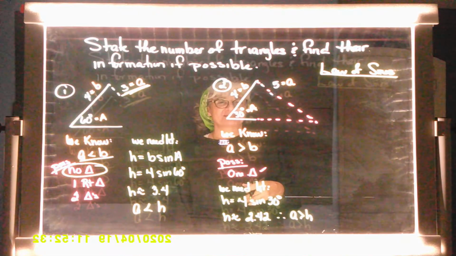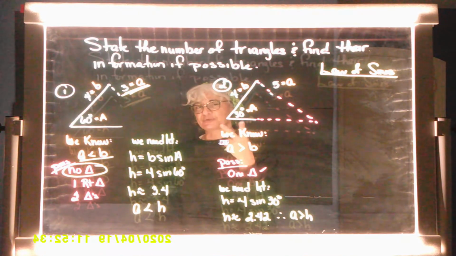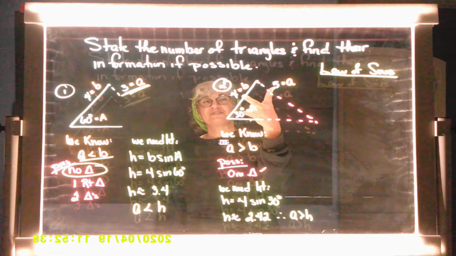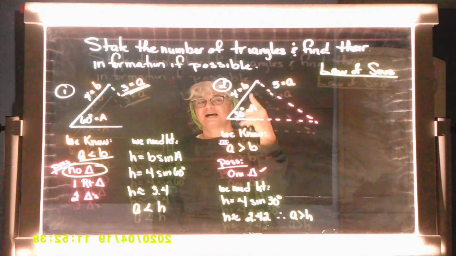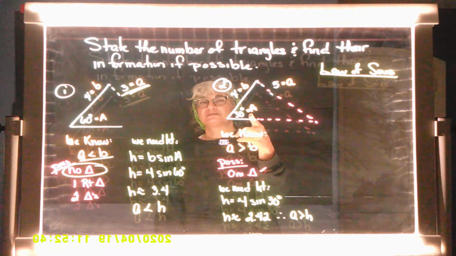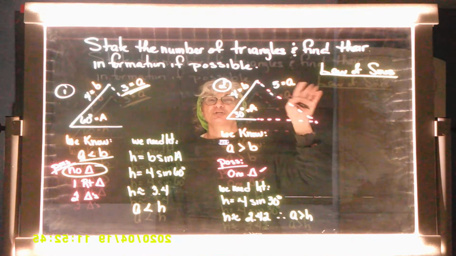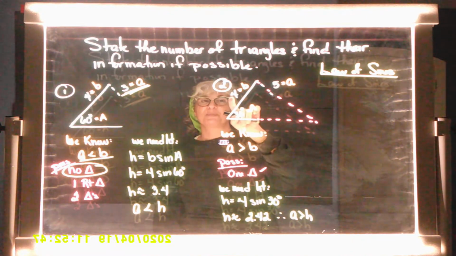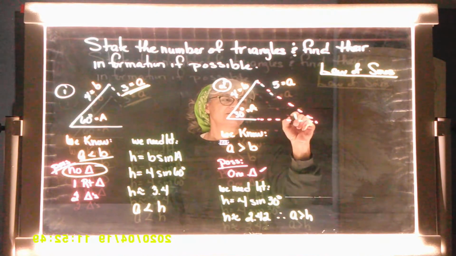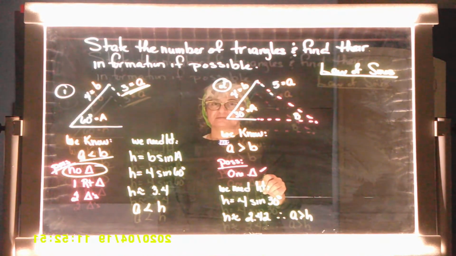Well, remember the law of sines. You need to know two angles and two sides, right? Well, I have two sides. I have one angle. And since it's a proportion, the law of sines, couldn't I find the angle opposite side B? Couldn't I find angle B?